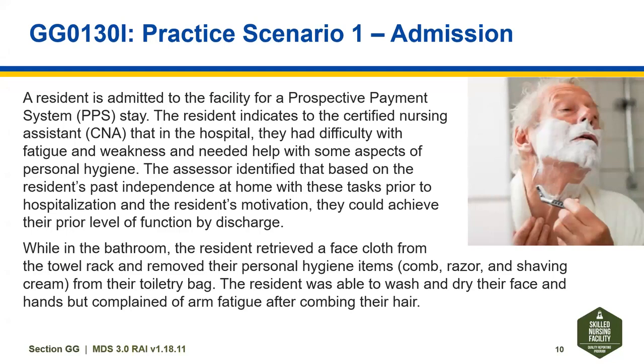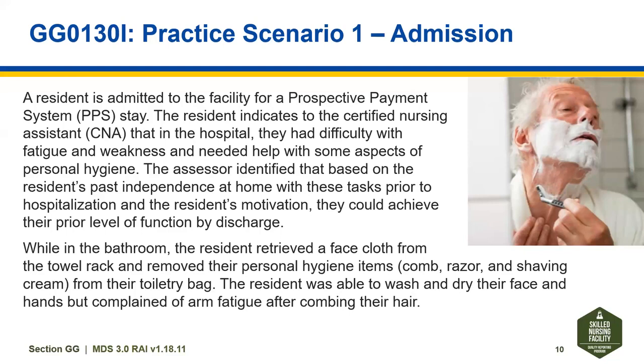Here is our first practice scenario. A resident is admitted to the facility for a prospective payment system, or PPS, stay. The resident indicates to the certified nursing assistant, CNA, that in the hospital they had difficulty with fatigue and weakness and needed help with some aspects of personal hygiene.